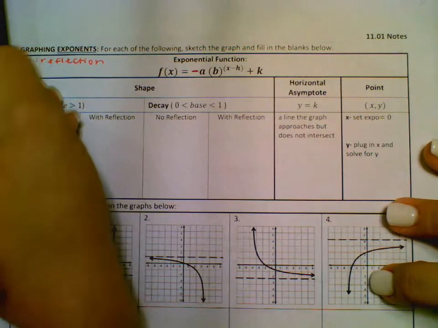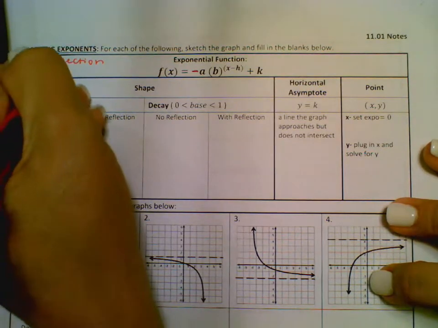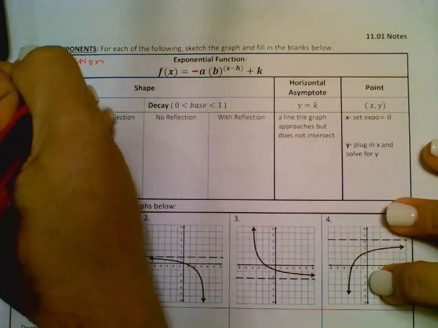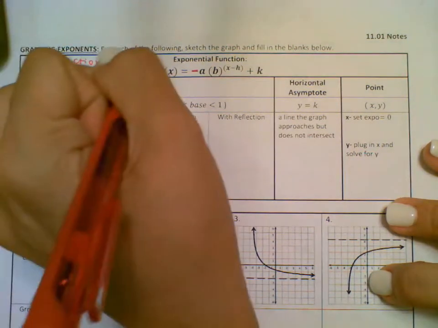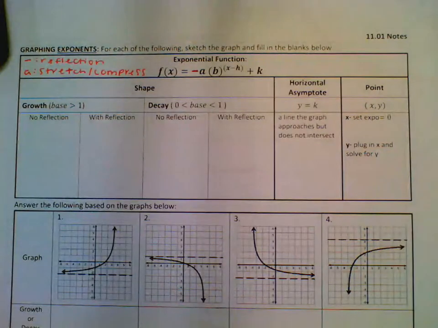And it also will tell us if we have a stretch or a compression. It would be a stretch if the A value is bigger than 1, so 2, 3, 4, 5, 6. And if it is a fraction, it is a compression.